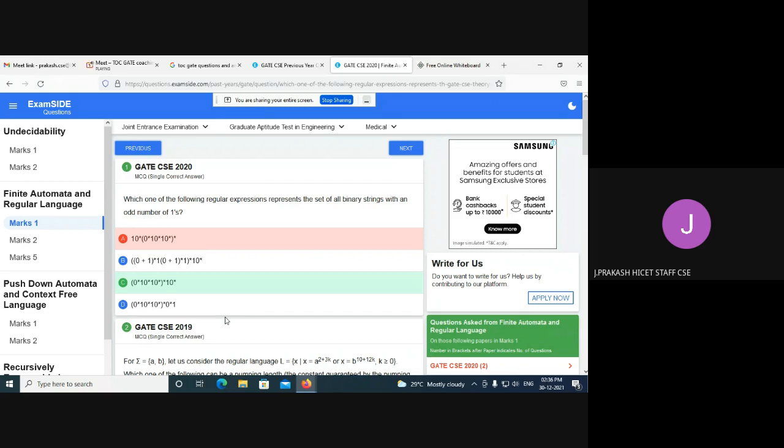Let us draw the diagram for that. 1, 0, epsilon, epsilon, epsilon. The bracket indicates the multiplication symbol.